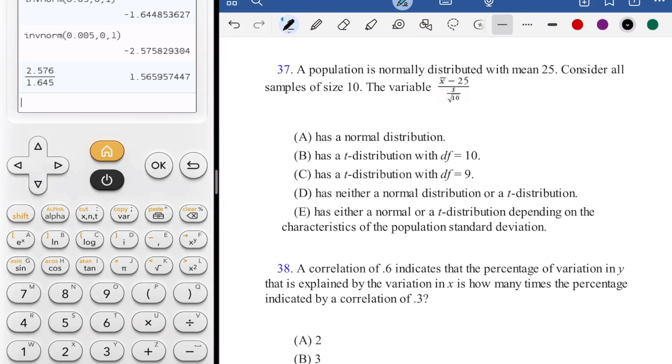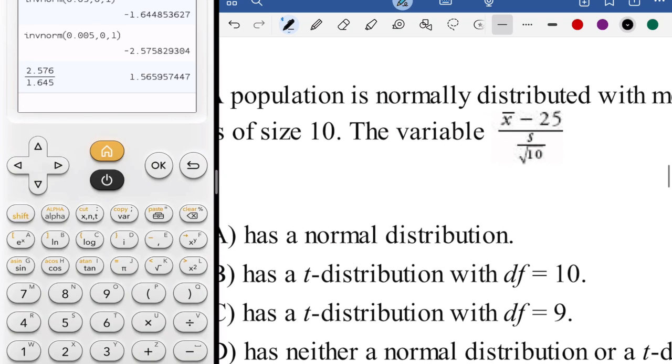Number 37. Population is normally distributed with a mean of 25. Consider all samples of size 10, so a small sample. The variable says normally distributed, so we could go T or Z, but because of the small sample, I'm leaning towards T. But then I also see tucked in here is a little s, so that implies that sigma is unknown.